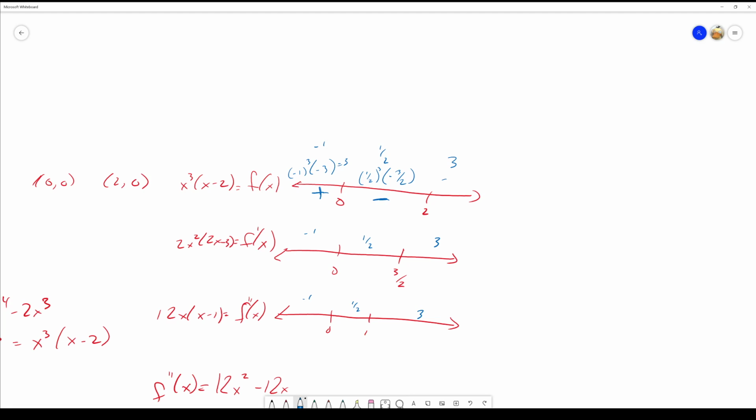And if x is 3, I'm going to get 3 cubed times 1, which is going to be a positive number. So what that means is, if I graph this thing, it's going to touch the axis at 0, and it's going to touch the axis at 2.